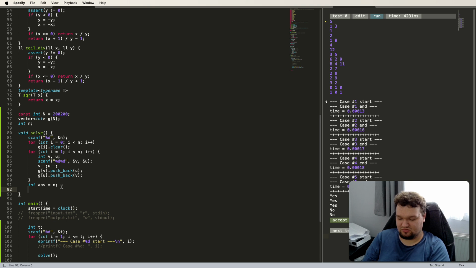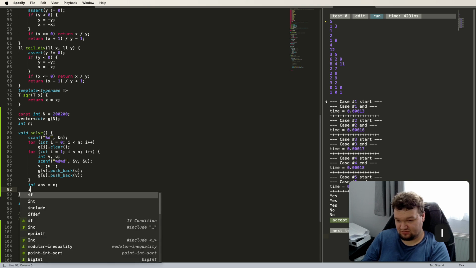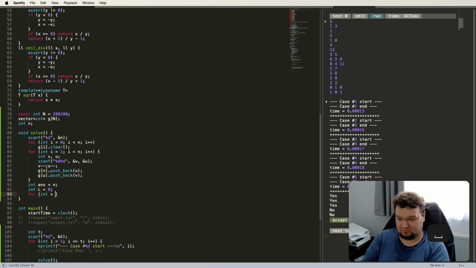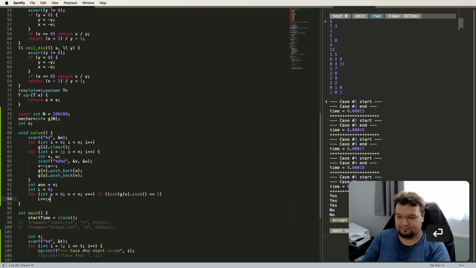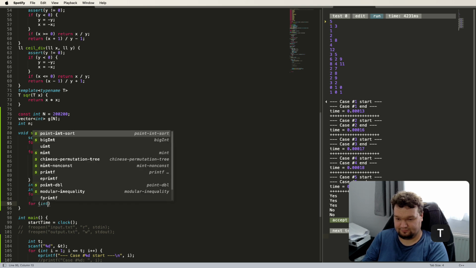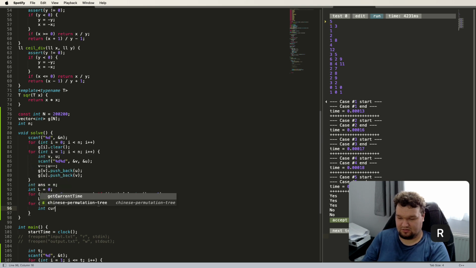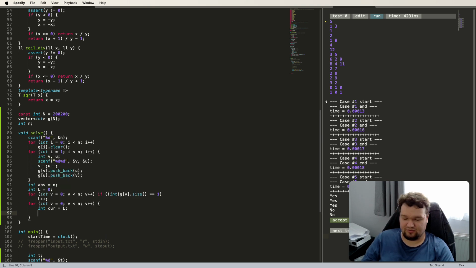Okay, so I need to count the number of leaves. Now for every vertex as the central one, I'm starting with all leaves.